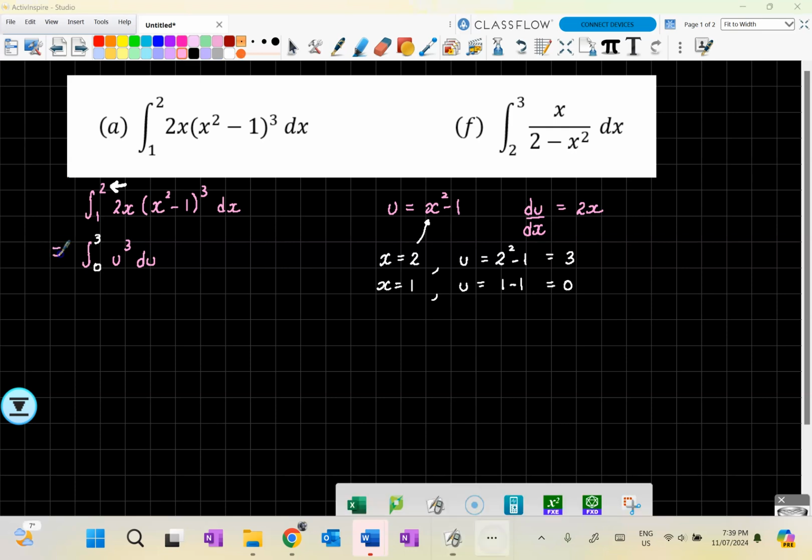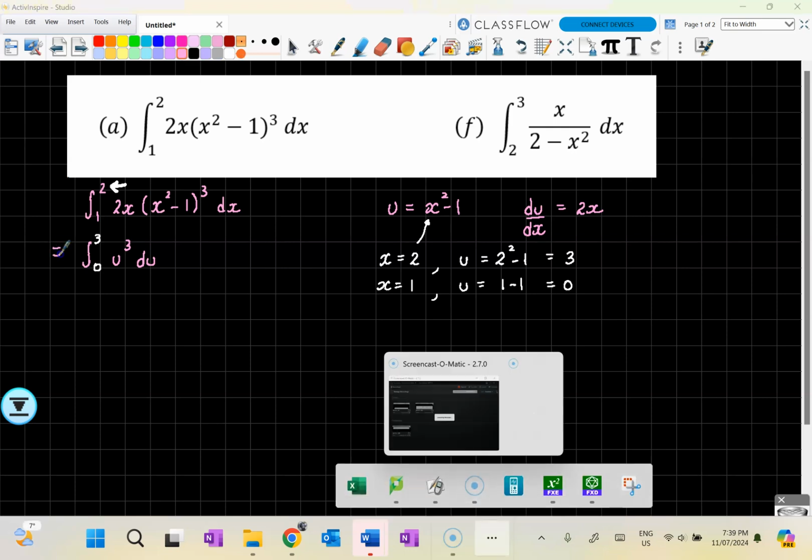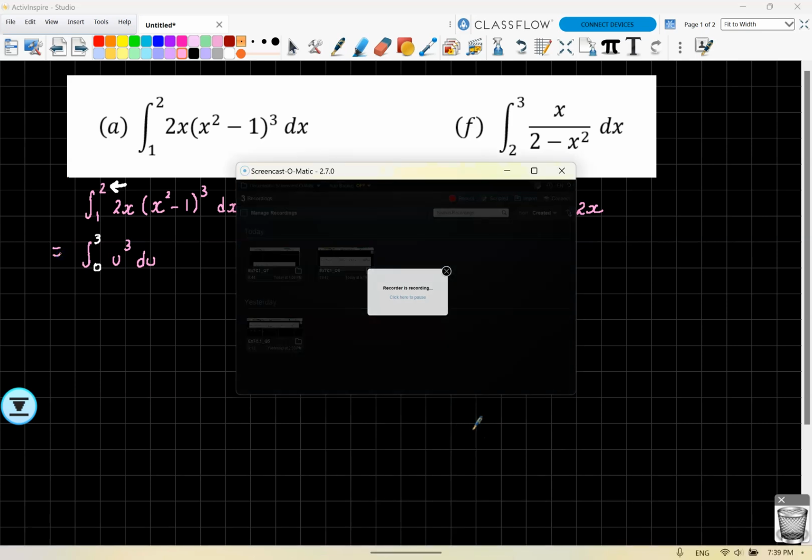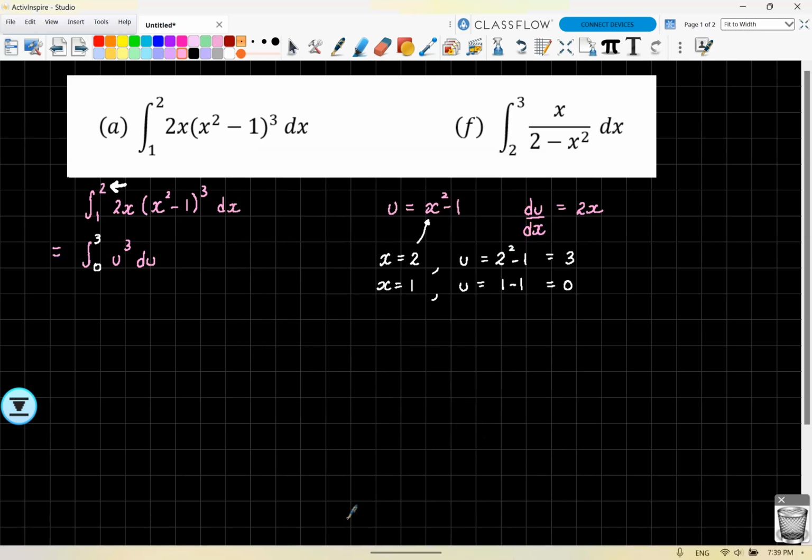So we go on our usual way. We're going to integrate our u function, so that becomes u to the 4 over 4, and we do that between 3 and 0.